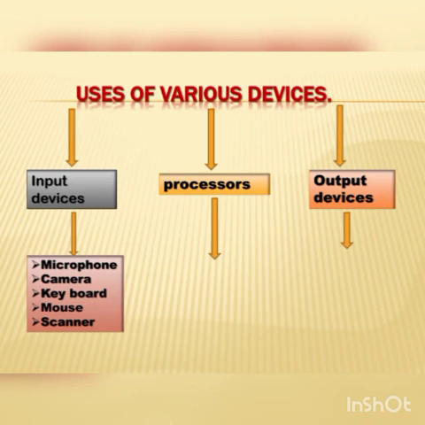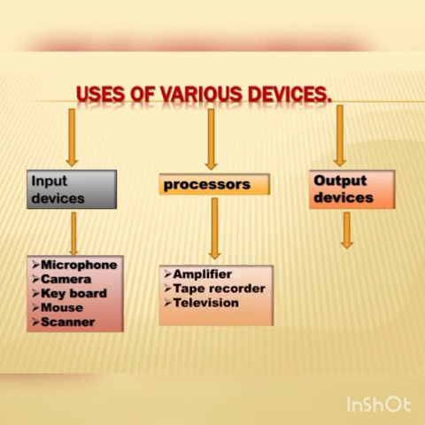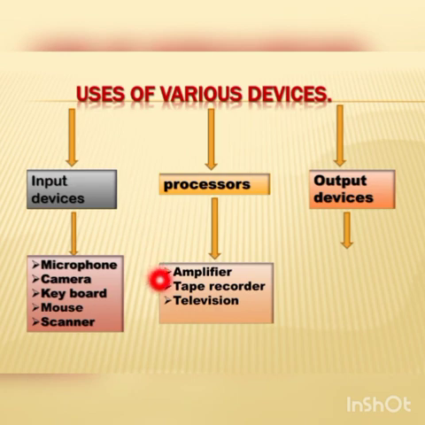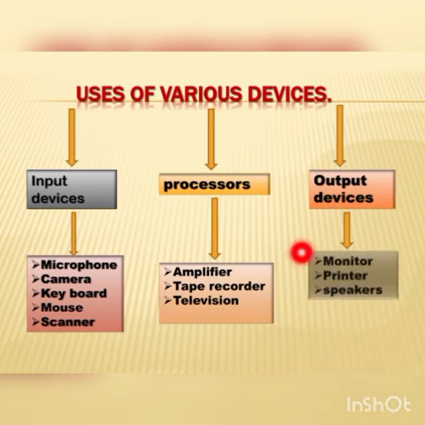And the examples of processors are amplifier, tape recorder and televisions. And the examples of output devices are monitor, printer and speakers.